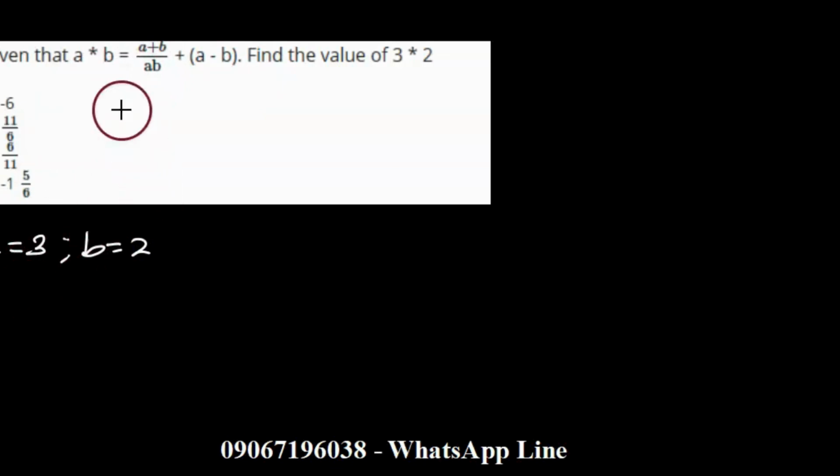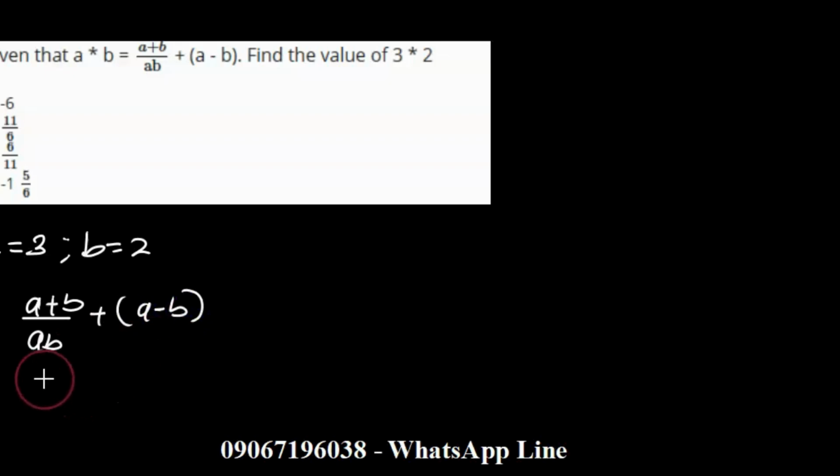Our expression is A plus B divided by AB plus A minus B. So if we plug that in, A is 3 plus 2, and that is going to be divided by 3 times 2 plus 3 minus 2.